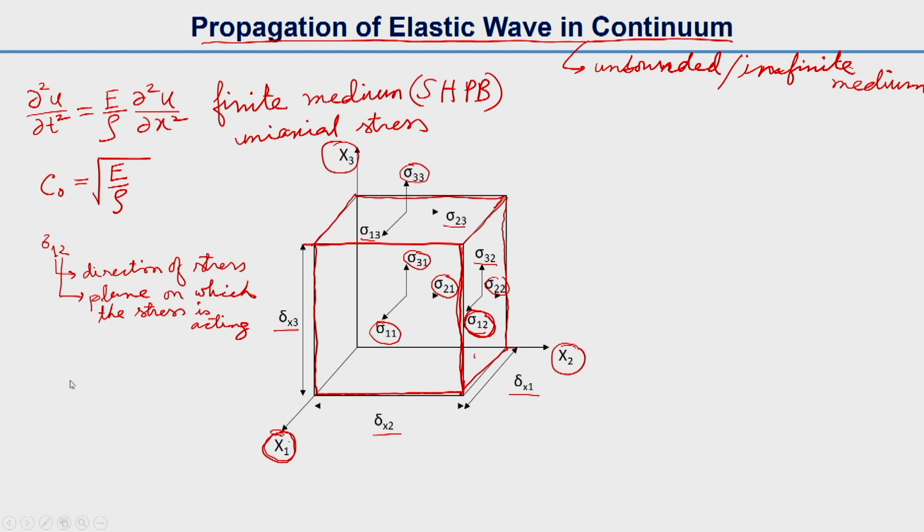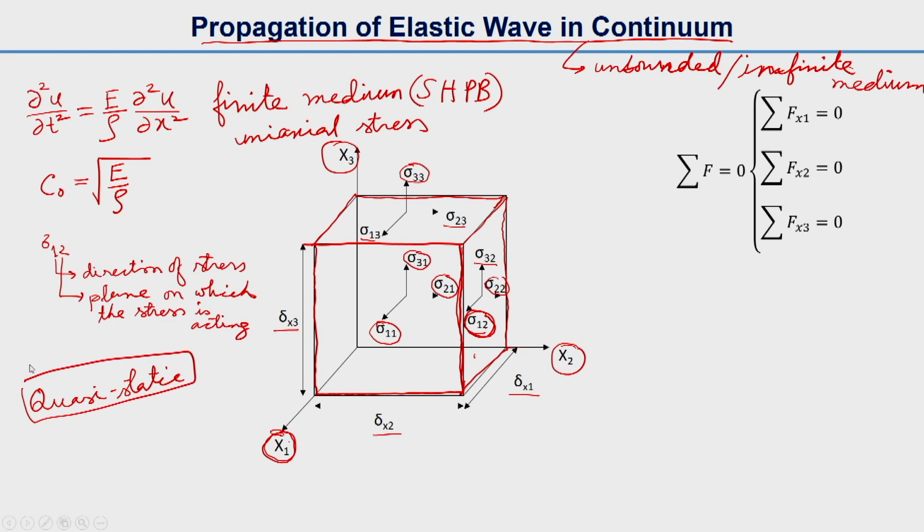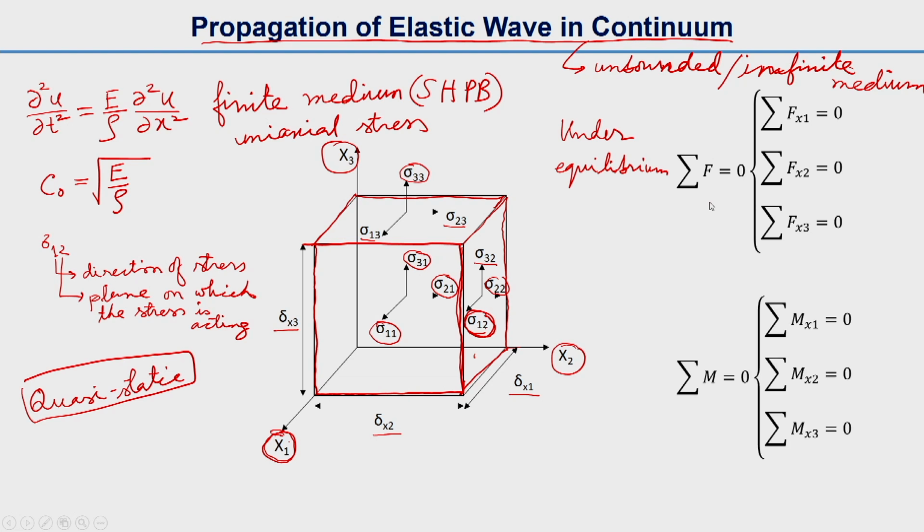And we are assuming that this is a quasi-static case, and that it is under equilibrium. So under the static equilibrium conditions, the summation of forces will be equal to 0 and the summation of moments will be equal to 0.